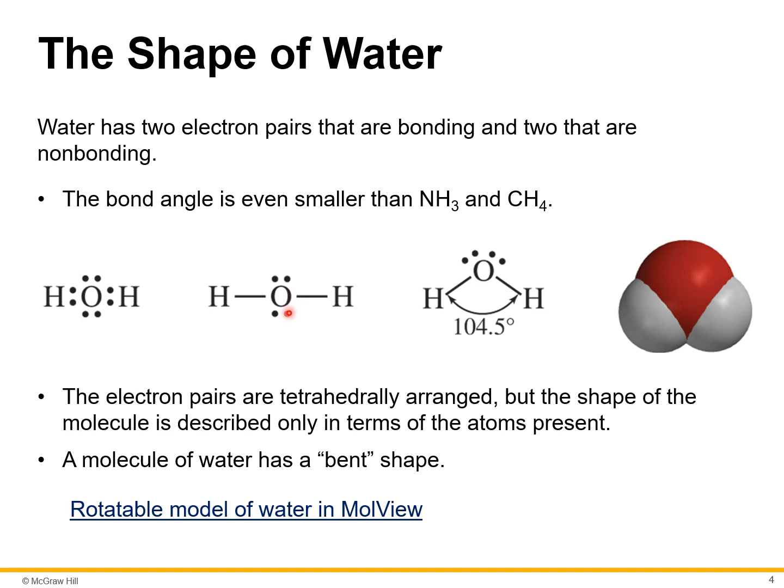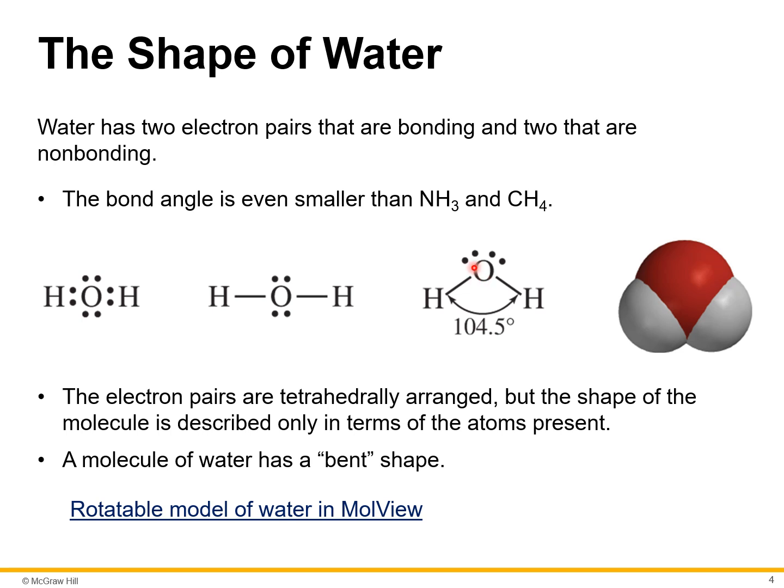When we rearrange everything so that each has the most space possible, again we have repulsion between the lone pairs and the bonds. This makes a bent shape. A bent shape is composed of 2 groups and 2 lone pairs. And again, we always focus on the central atom: 2 groups connect to the central atom and 2 lone pairs on the central atom.